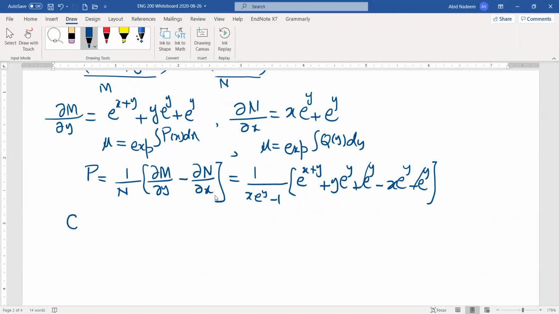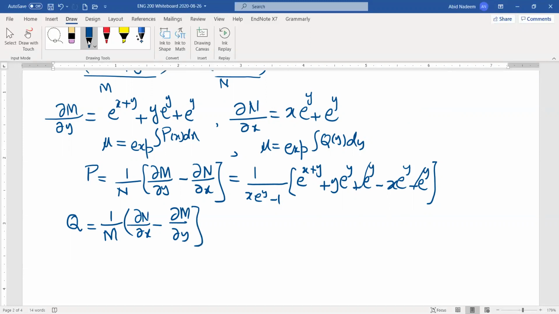Okay. So in this case, q will be equal to 1 over M. The value of q will be 1 over M times partial N over partial x minus partial M over partial y.